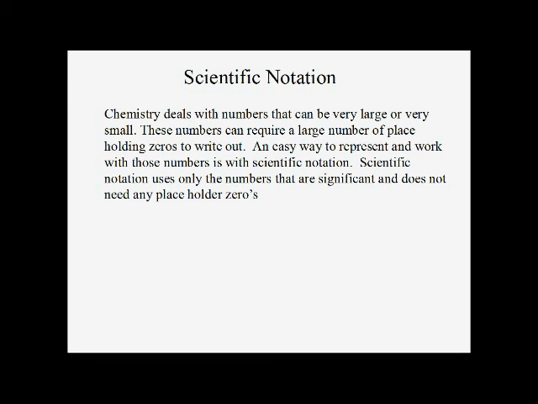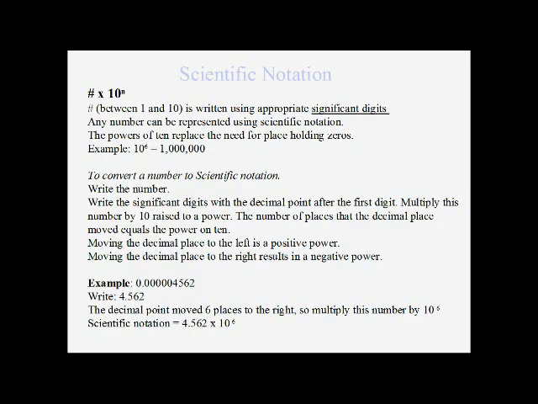We use scientific notation so we can handle large and small numbers. Scientific notation is going to have a number that's between 1 and 10 times 10 to a power, and the times 10 to a power gives us the magnitude, whether it's very large or very small or somewhere in between.